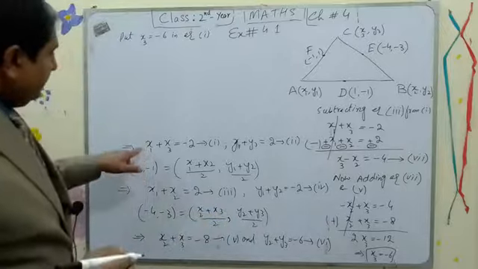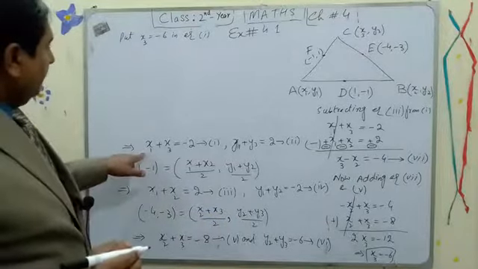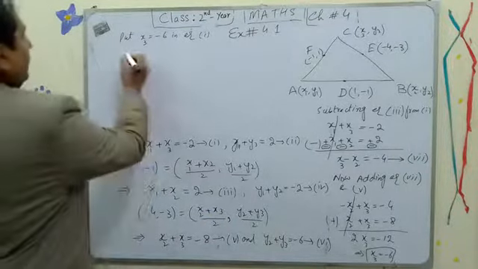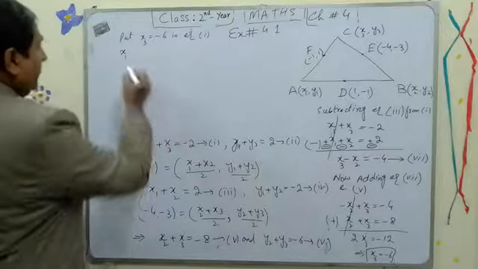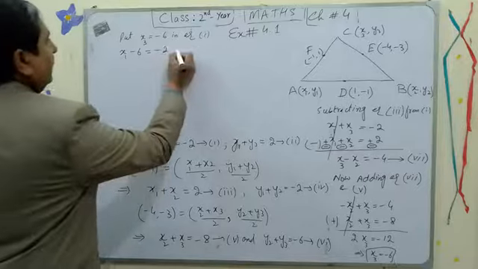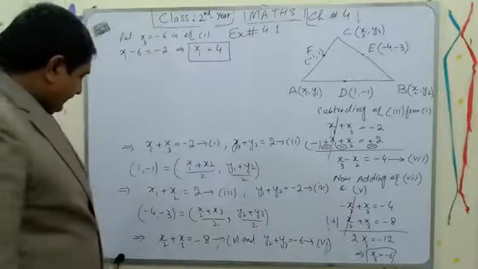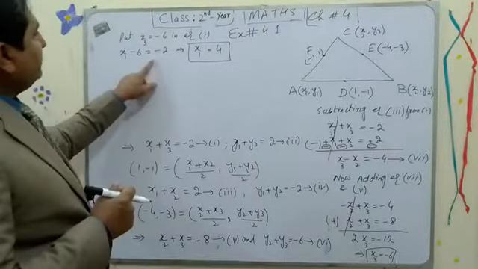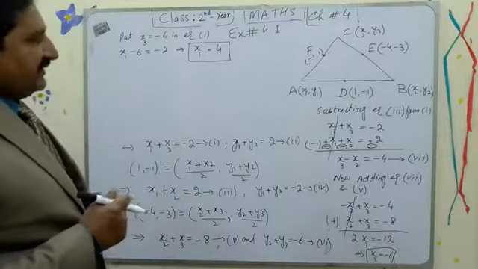What do we obtain whenever we put this value in equation 1? We get x1 minus 6 is equal to minus 2, and this implies that x1 is equal to 4.